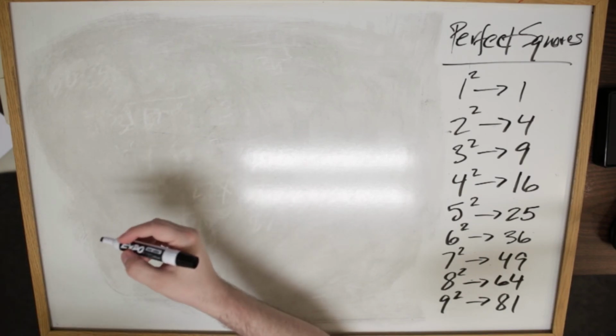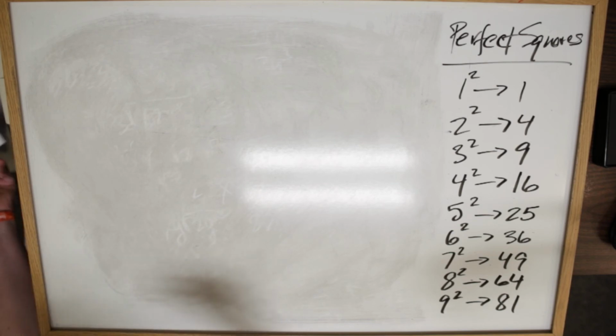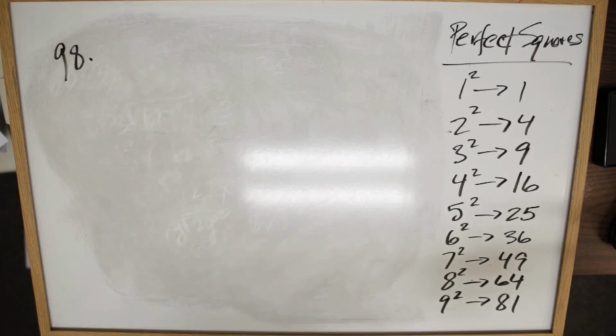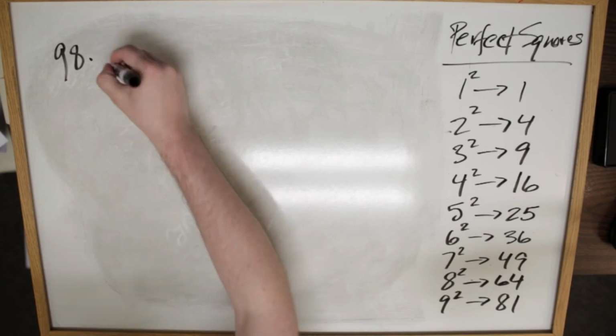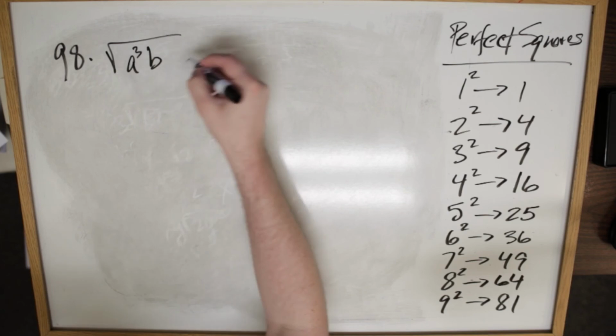Let's look at a couple more. I'm going to do question 98. We're going to just do multiplication. We basically have been doing multiplication with the adding and subtracting, so these kinds of problems shouldn't be too difficult. Hopefully not.